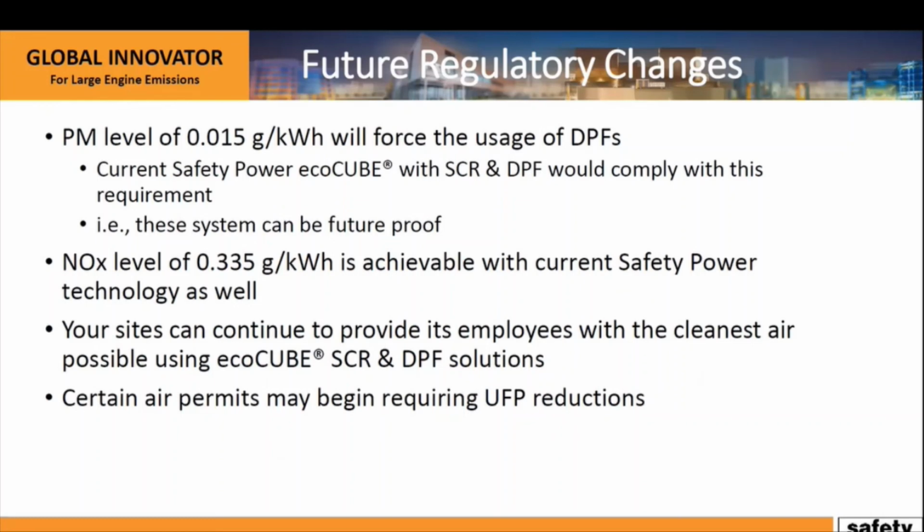Intrinsically, the way our technology works is there is some safety factor in the catalyst, and if you were to inject just a little bit more urea, you would be able to get down to these levels. So essentially, our systems are future-proof, at least to the Tier 5 levels. And increasingly, it seems that air permits may begin requiring not just PM emission requirements, but also UFP reductions, because of all the reasons that we've stated here.